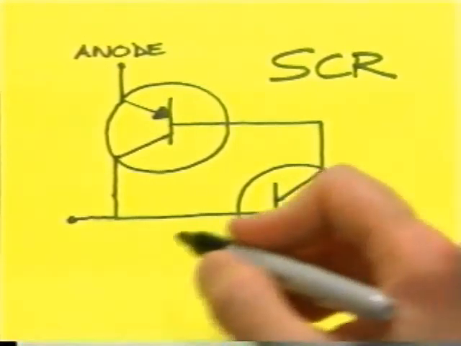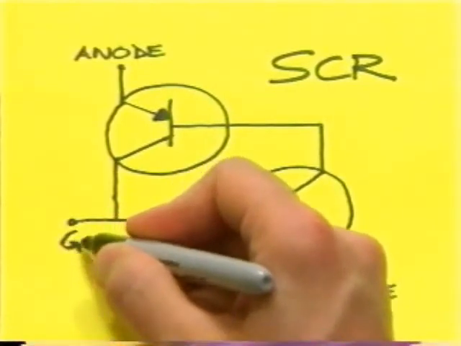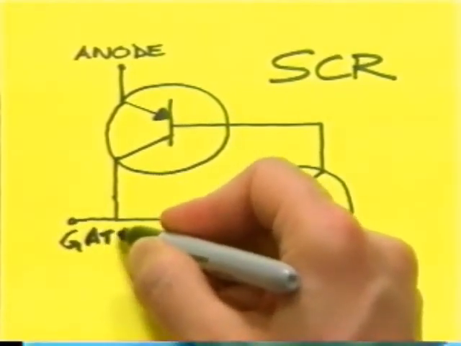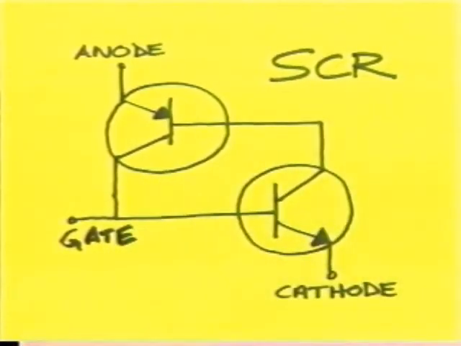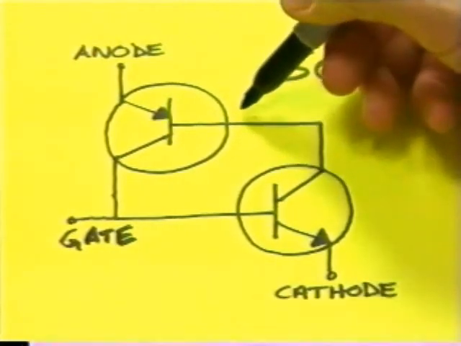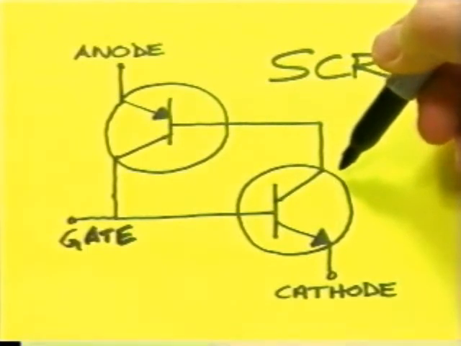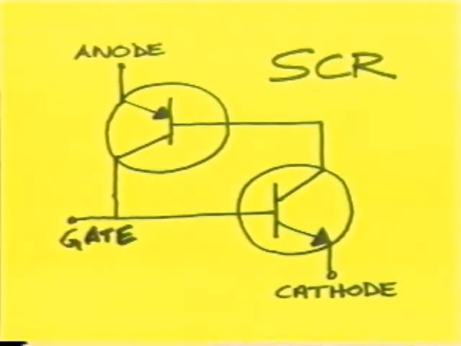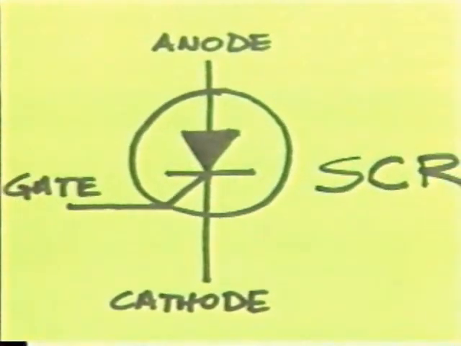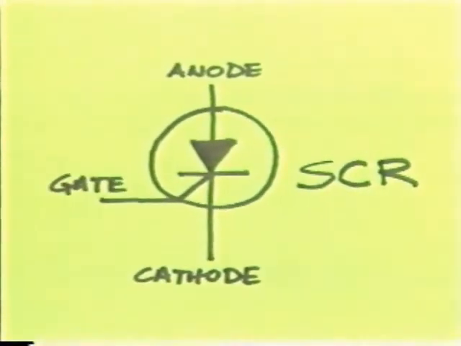In order for the SCR to be switched on, a triggering pulse must be applied to the gate. What makes the SCR so unique is that because of the feedback loop that is developed between the 2 transistors, the SCR will continue to conduct even after the gate voltage is removed. Here is a schematic symbol for the SCR. It's referred to as a unidirectional device because it conducts current in only one direction.